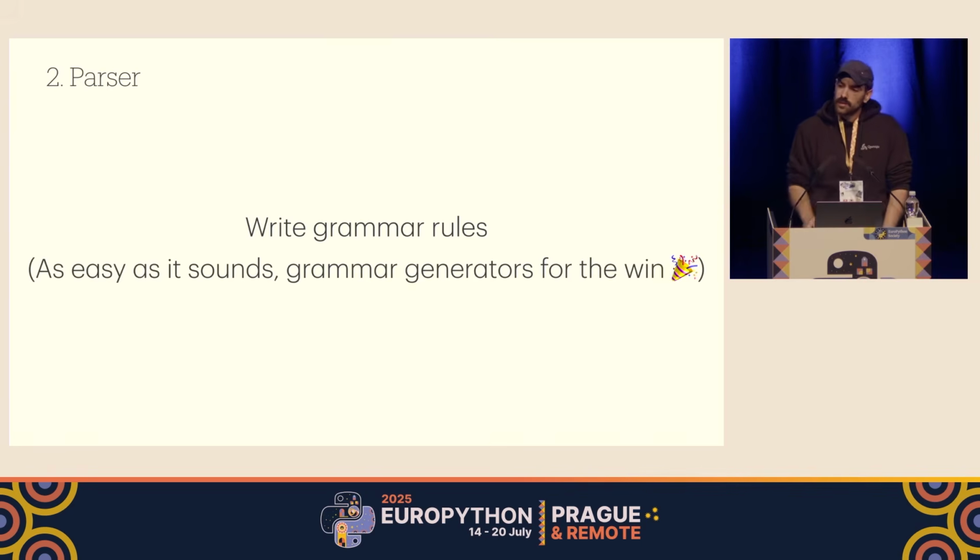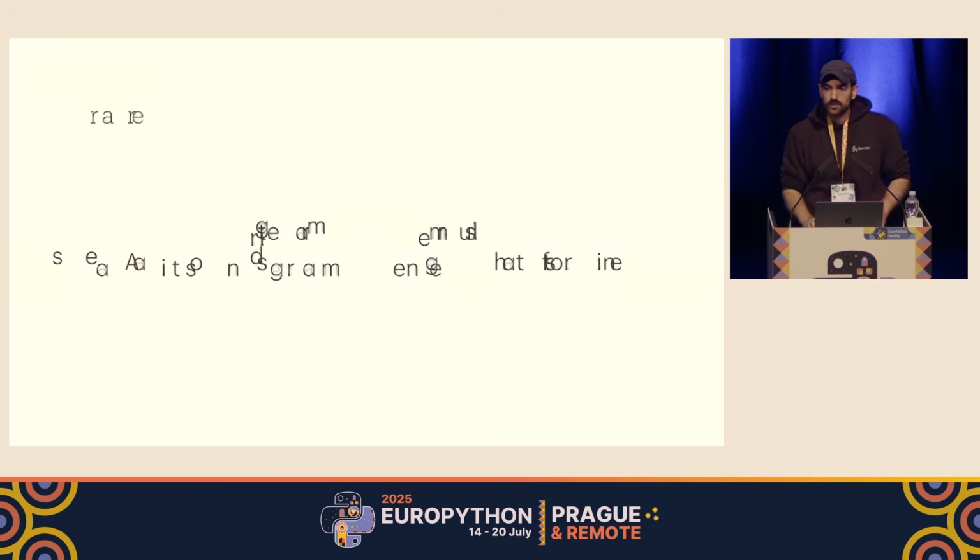It's fairly easy, and that's because of the grammar generator. Grammar generators are generally really nice and generate code. I mean, our grammar generator is fairly simple, but there's very, very complicated grammar generators out there, and it really simplifies the process of writing new syntax rules.